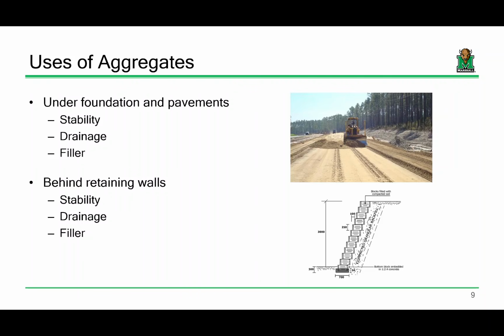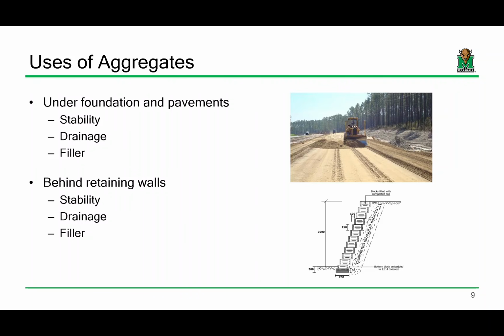So where do we use aggregates? We tend to either use them as a specific material themselves or as an ingredient. As a material themselves, they tend to be used as a base for foundation installations or for pavement installations, mainly because they provide stability and they also allow for drainage.